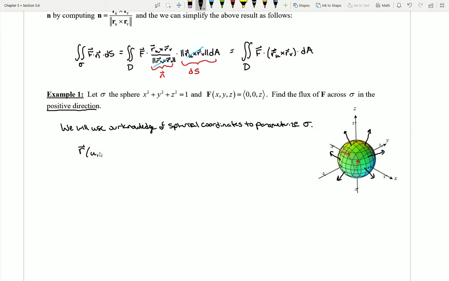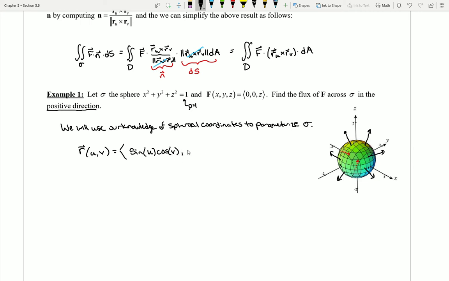But you might recall that in spherical coordinates, I had already a relationship for what x was equal to, what y was equal to, and what z was equal to. And so I'm going to use that here, assuming that the value of rho, again, is going to be 1 in spherical coordinates.